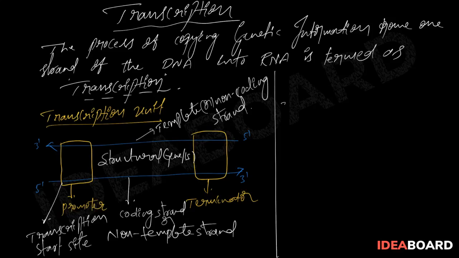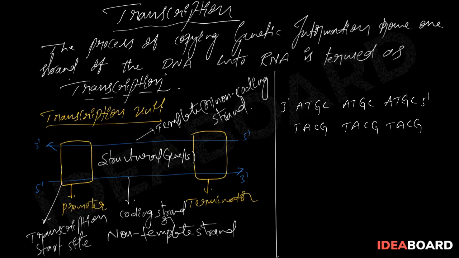So this is the 3' to 5' DNA strand. You can take A, T, G, C, A, T, G, C, again A, T, G, C. And according to Chargaff's rule, the complementary strand is T, A, C, G, T, A, C, G, again T, A, C, G. This is the 5' to 3' DNA strand.